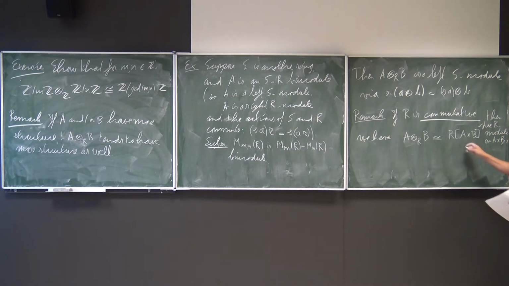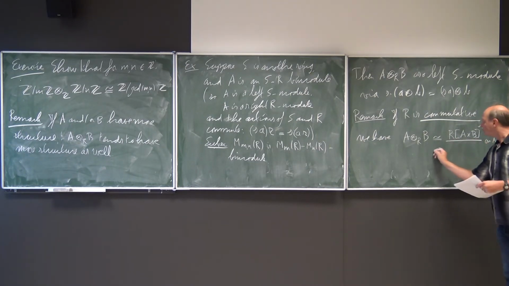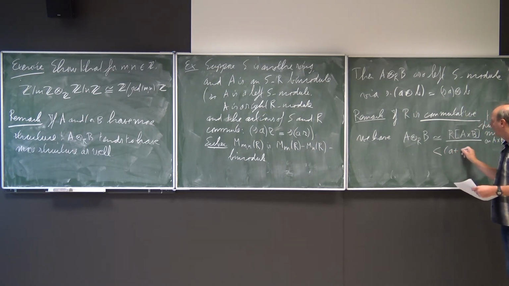Well, not like this yet, because I have to quotient out some relations. And the first two will be exactly like for the tensor product. So I want to be able to work out an addition in the first coordinate.